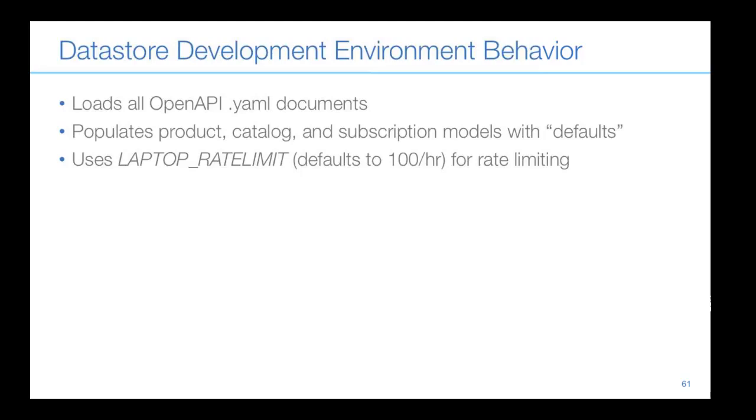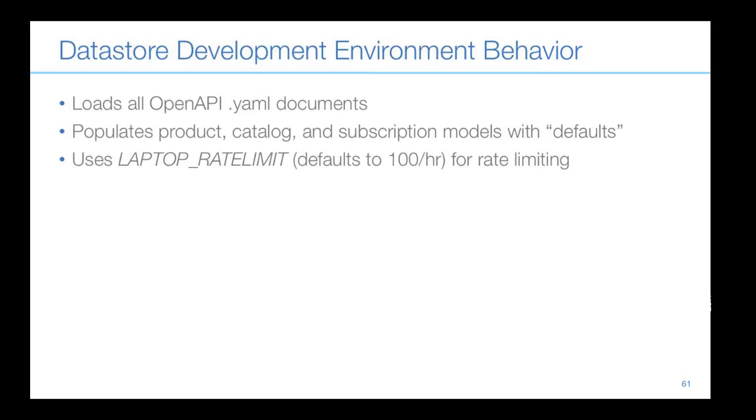Then, in order for the micro gateway to work, it needs a product catalog and some information in the product catalog and subscription models. So it just populates them with some default information to make sure that things work.